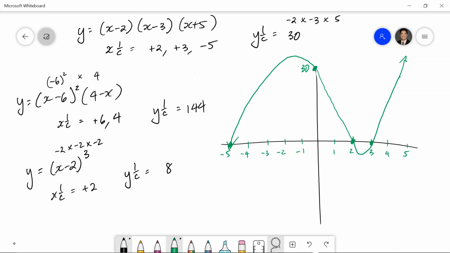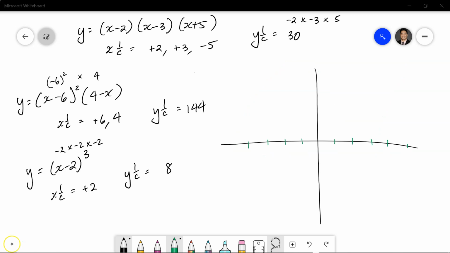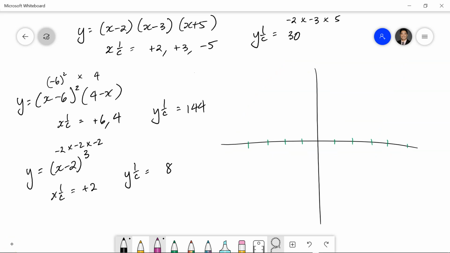So that's going to be the first sketch. All we're focusing on are our X and Y intercepts. Let's move on to the next graph, where we only have two X-intercepts, 6 and 4. So what we'll do is just go 2, 4, 6.